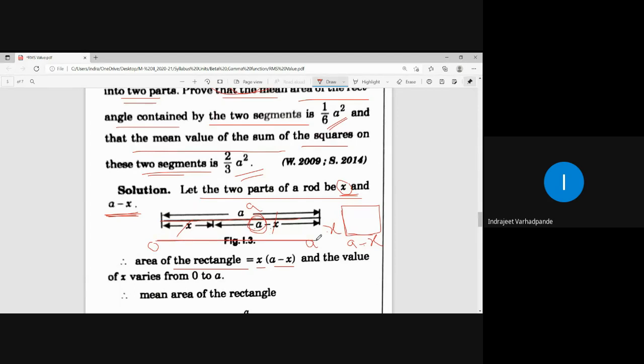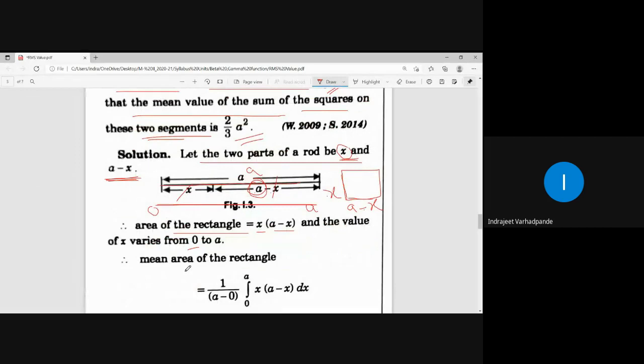If you want to measure 2 meters, when you put a scale, the first marking on the scale is 0 centimeter, and then it goes up to the complete value till where we are calculating, right? So it will be 0 to a. The complete length of the rod is a, and therefore the starting point is considered as 0, because the start will be from 0, and the end point is a.